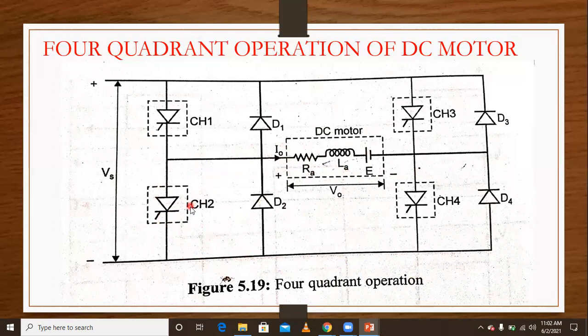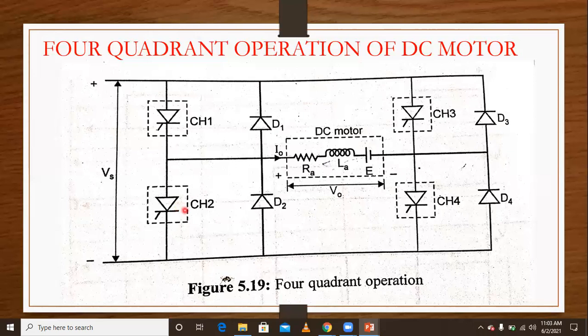When chopper CH2 is turned off, the current is fed back to the source, through diodes D1 and D4. And the motor voltage E plus L di/dt is greater than the source voltage Vs.